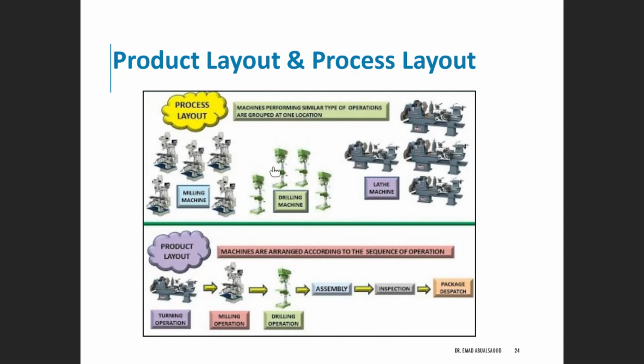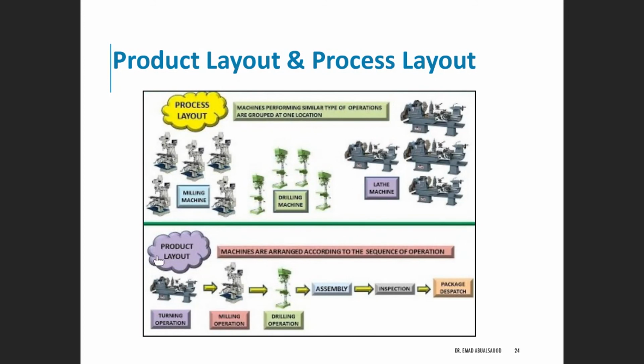Maybe some need drilling, some others no, they need lathing. Maybe there is another department here, let's say painting, another department doing something else. So this process layout varies. Remember, process layout is varied, changing. Each department does a different job.